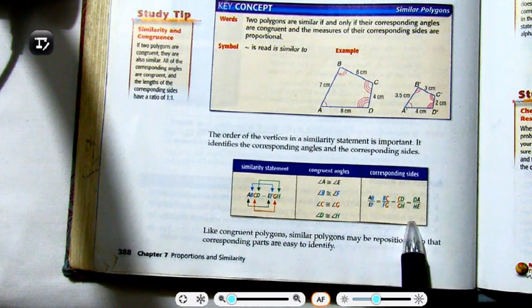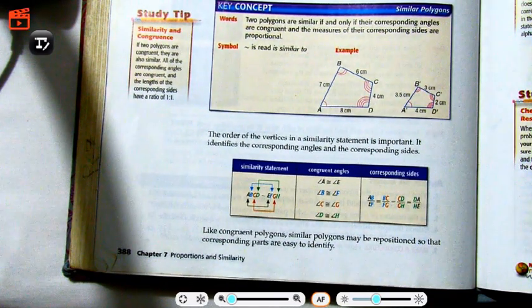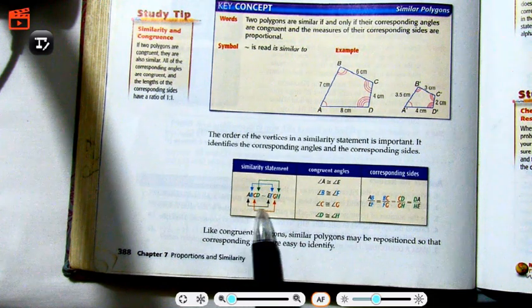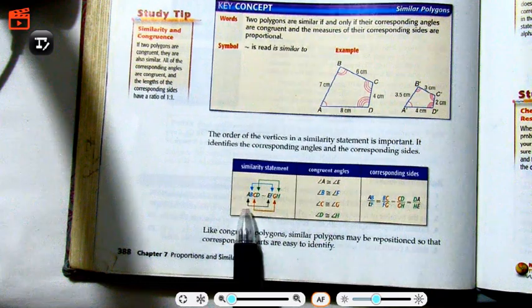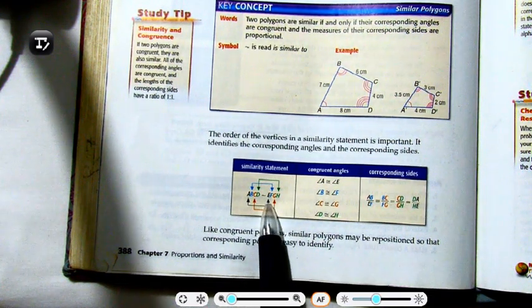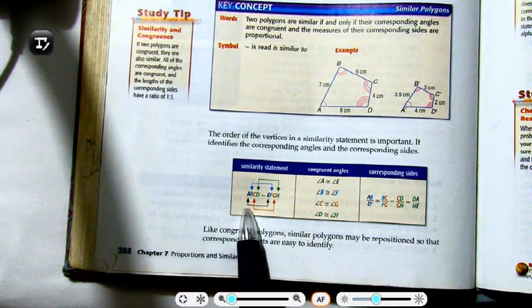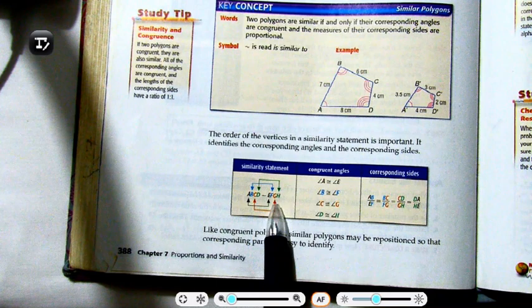Okay, so here we have the similarity statement, the congruent angles, and the corresponding sides. It's just like naming congruent triangles before, where when we follow an order, it also gives us the proper pairing of the sides. The first letter here corresponds to its congruent angle on the second polygon. So A and E are equal, B and F are equal, C and G are equal, and D and H are equal.